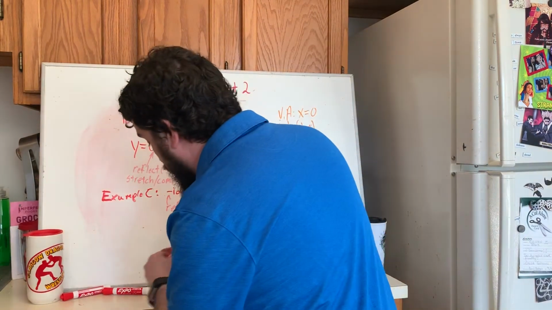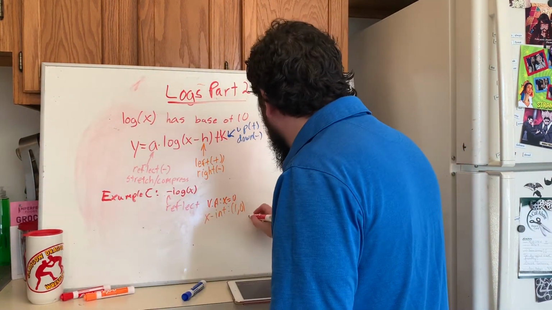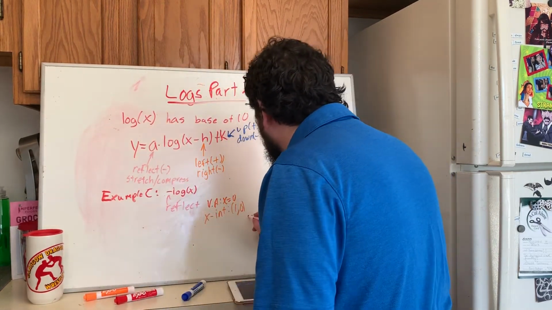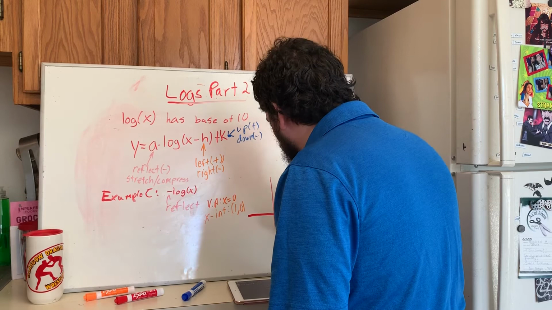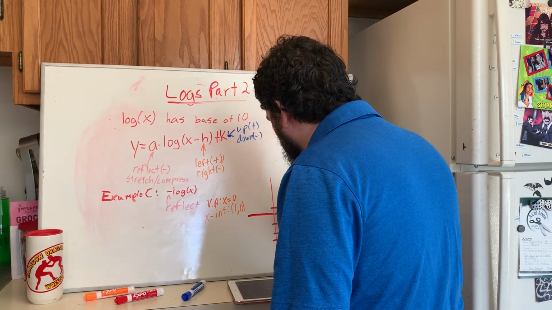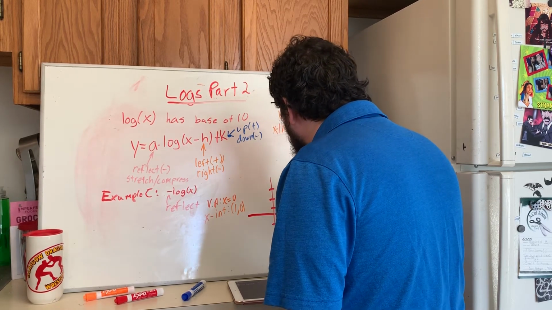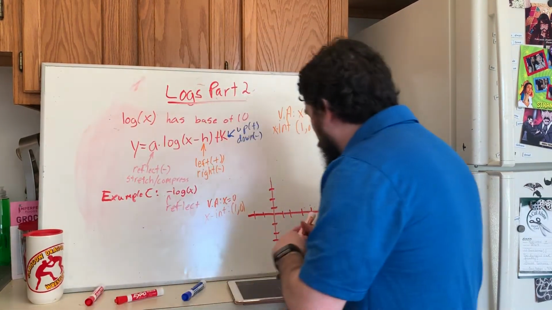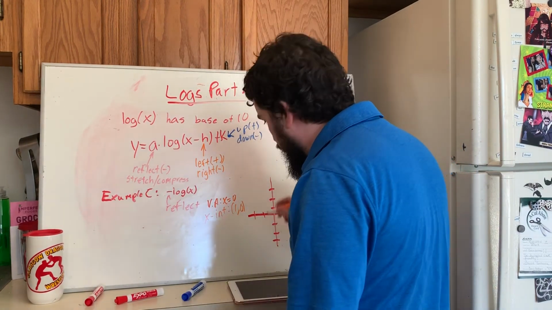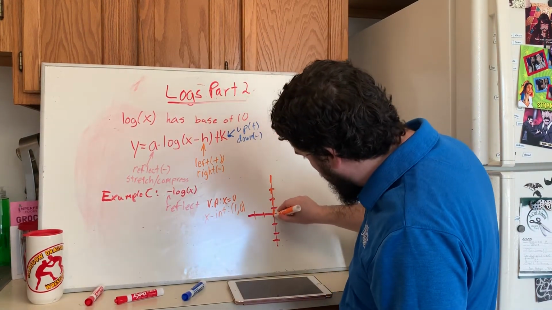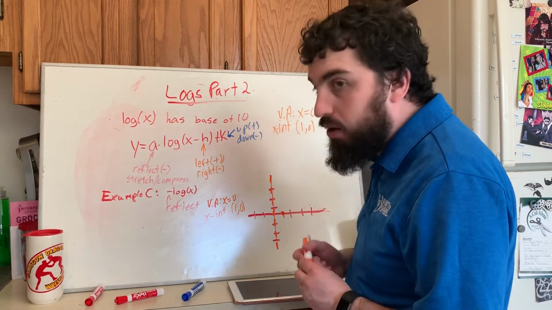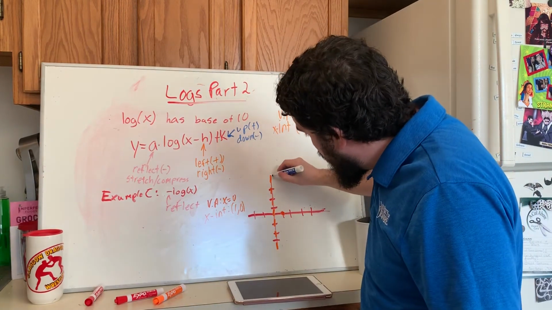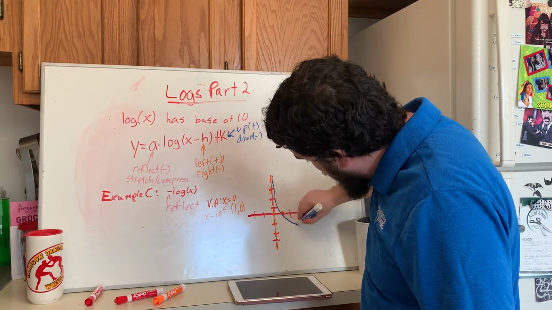I'm just going to do a very quick sketch here. I know I have my vertical asymptote going down here. Since this is reflected, usually it goes up, but this one is going to go down, like so.